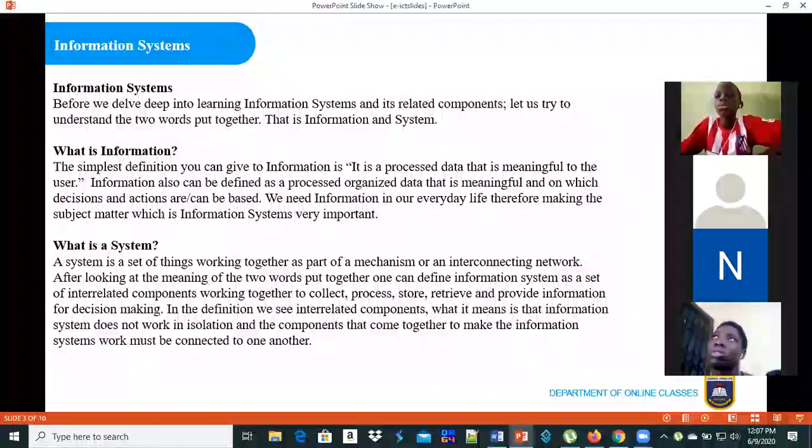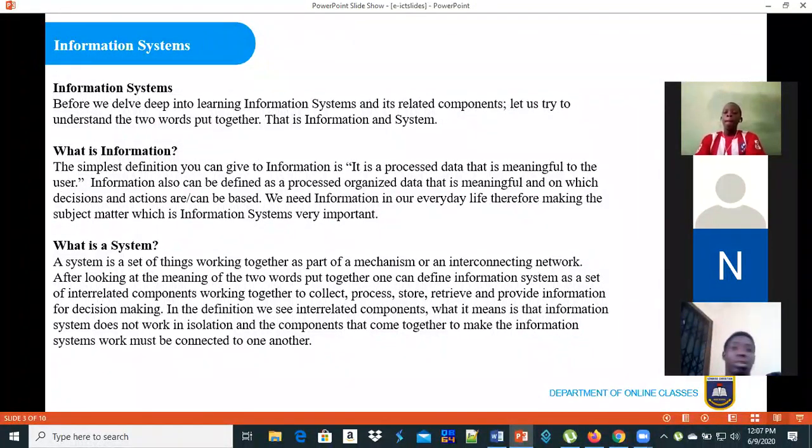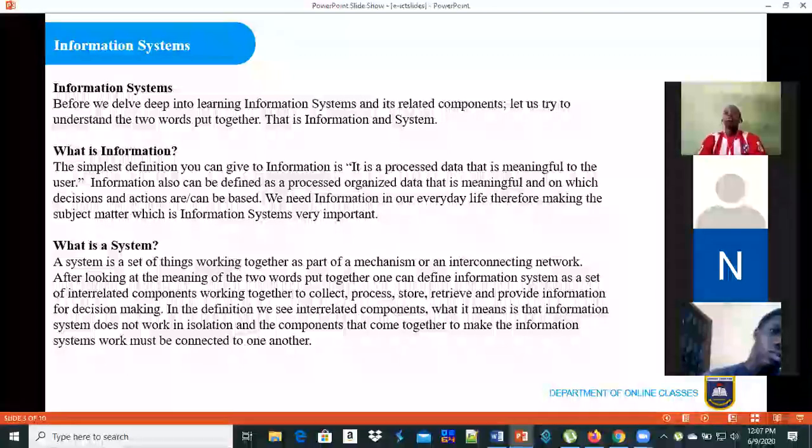After processing these samples, they store them, because when you process something, you can't just go out and give out the information of whatever you've processed. You have to store, run some analysis on the samples or whatever data you have processed.